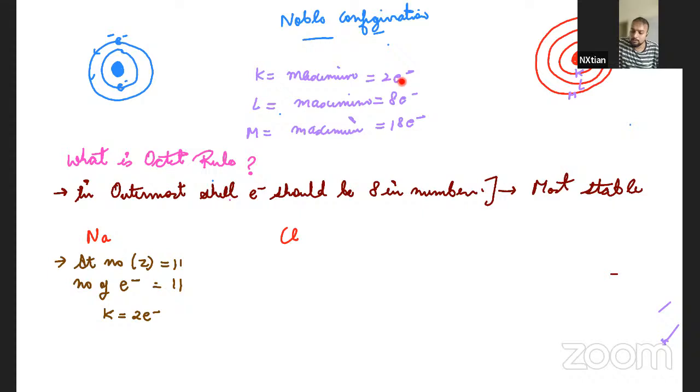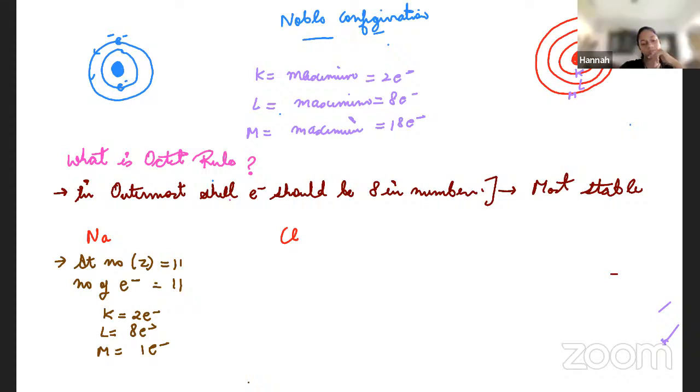So 2 will go. Now, in L shell, 8 electrons will go because the maximum capacity of L shell is 8 electrons. So total it becomes 10 electrons, but we have to arrange 11 electrons. So in M shell, 1 electron will go. Understood?